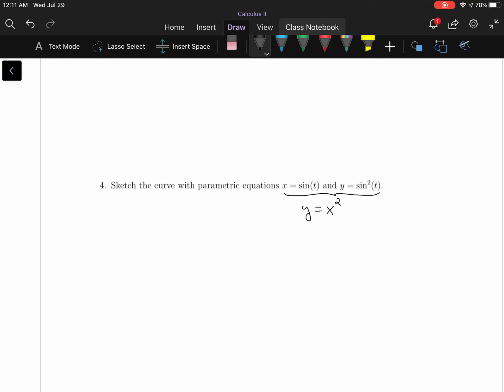And so what do we have? Well, I know that the sine function is going to just fluctuate between plus and minus 1. And that means that y is going to fluctuate between 0 and 1. So since sine of t is going to be bounded by plus and minus 1, this implies that sine squared, or y, is going to be bounded between 0 and 1.